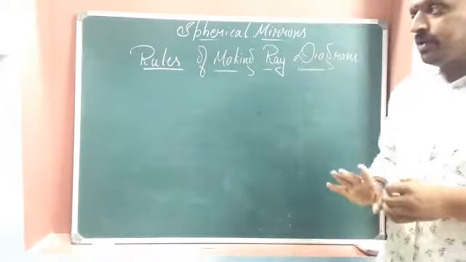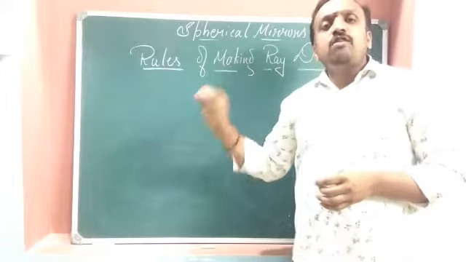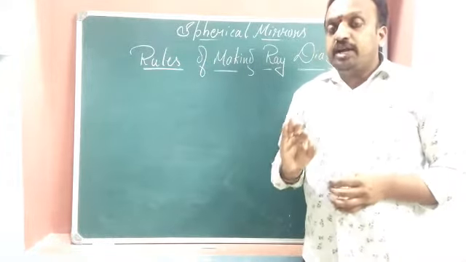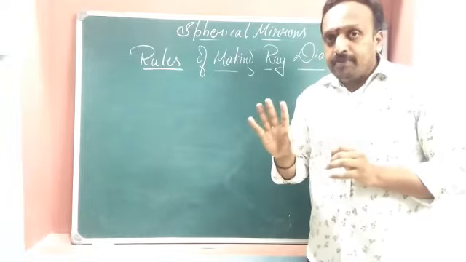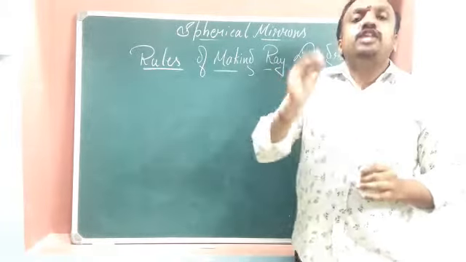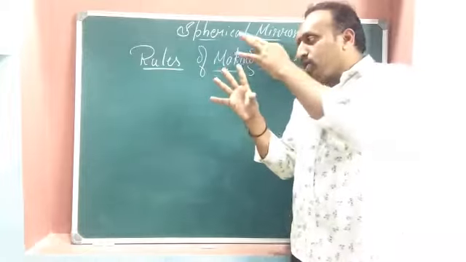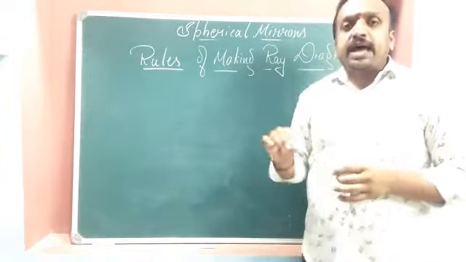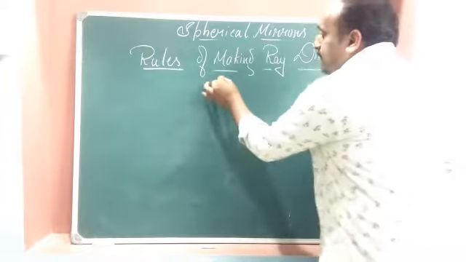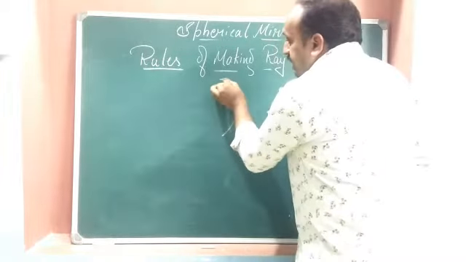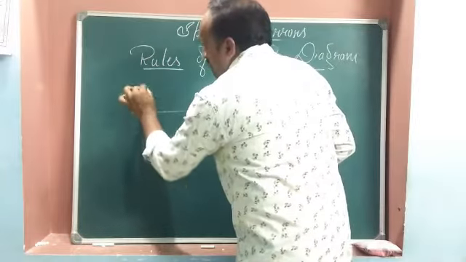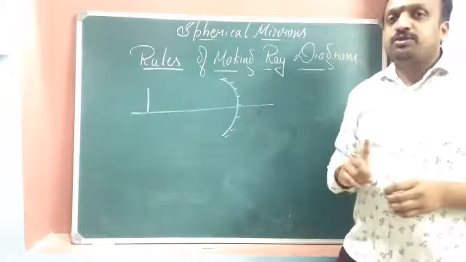The first one, the object is always placed in front of a spherical mirror, that is, to its left side. I repeat, we are going to keep the object to the left side of a spherical mirror. For example, if I draw a spherical mirror like this, the object will be placed here. That is the first rule.